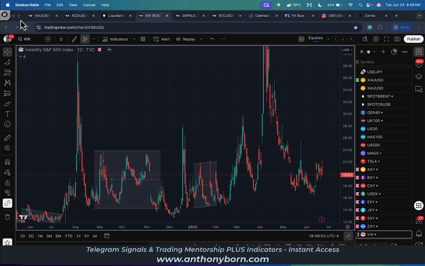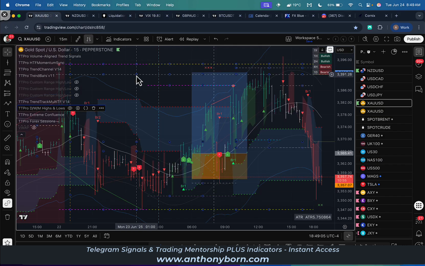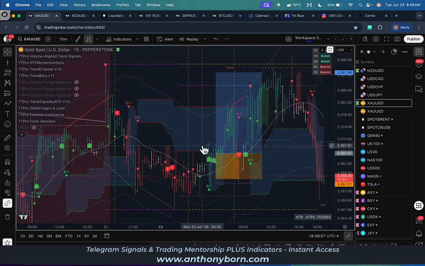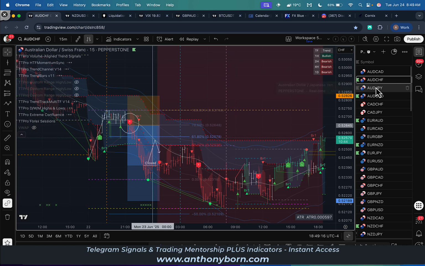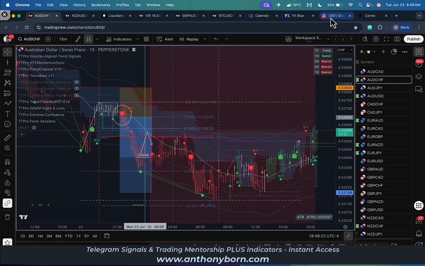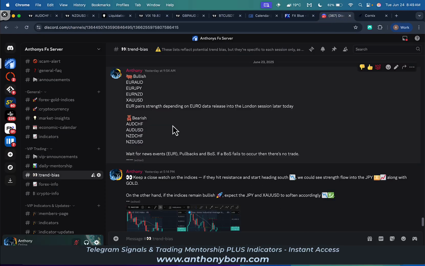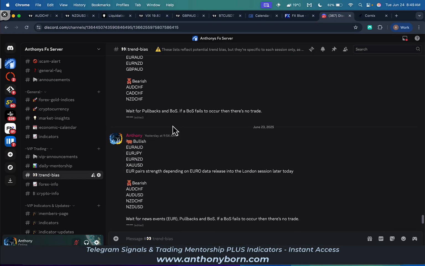And I'm pretty happy to say that these indicators are giving us what we need to be able to navigate the volatility and come out on top in a big way.